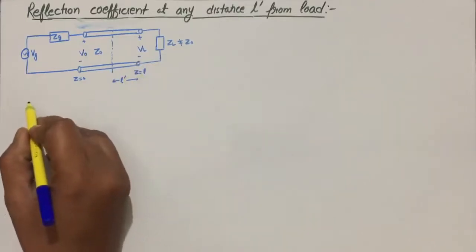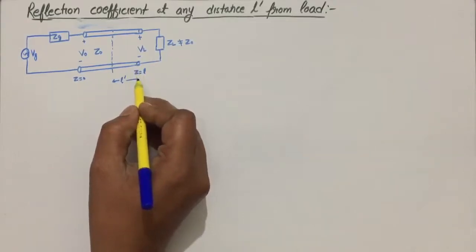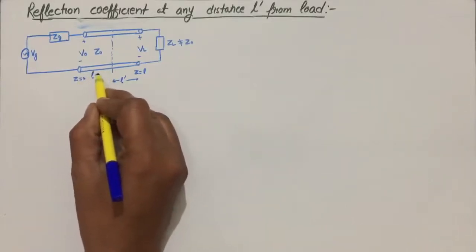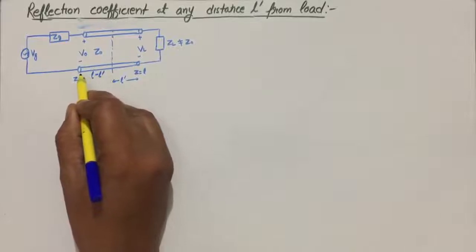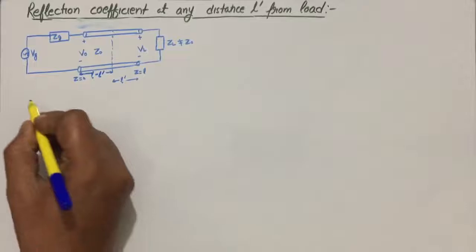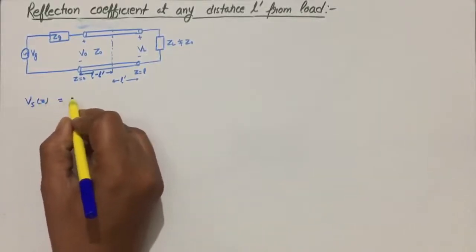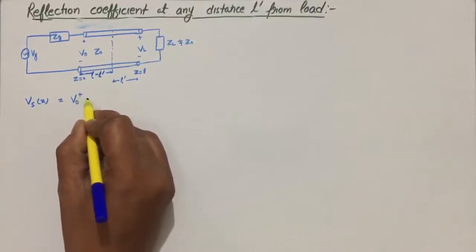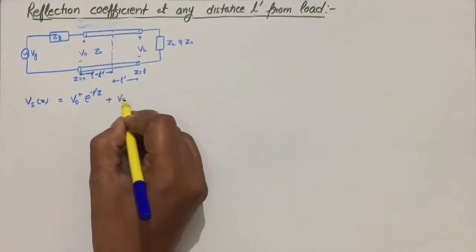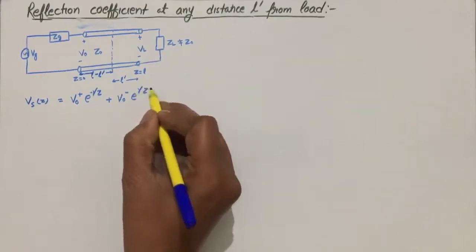So for that purpose, if we consider the length from the load side as L dash, then this length will be L minus L dash. And we can write the wave equation: forward traveling wave plus reverse traveling wave.